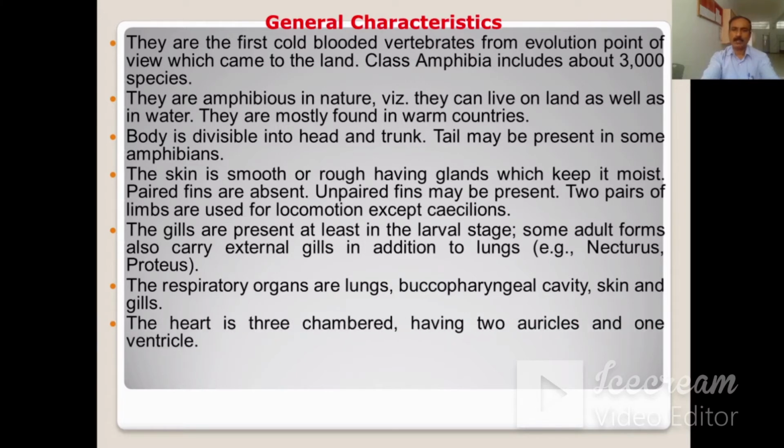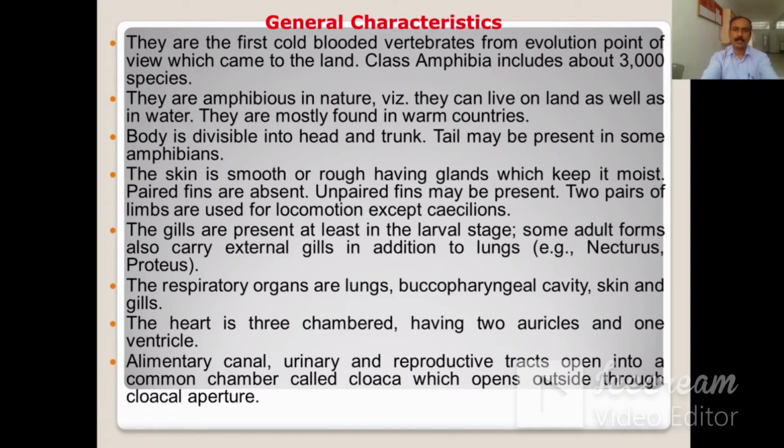The heart is three-chambered, having two auricles and one ventricle. The alimentary canal, urinary, and reproductive tracts open into a common chamber, called the cloaca, which opens outside through the cloacal aperture. There are 10 pairs of cranial nerves in the amphibians.